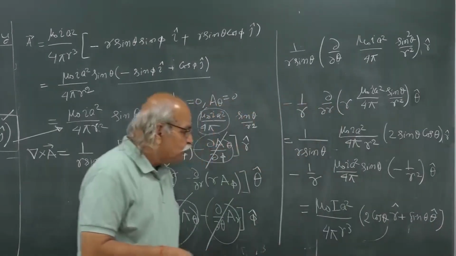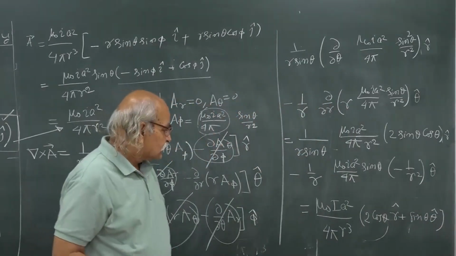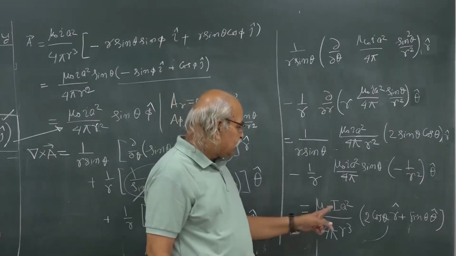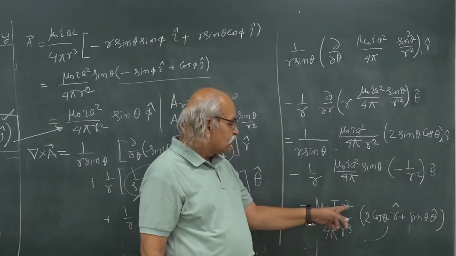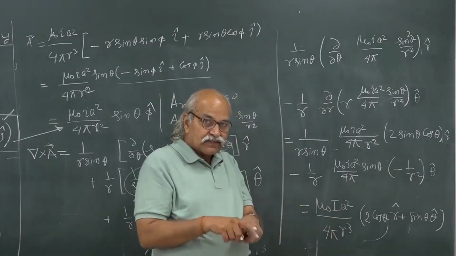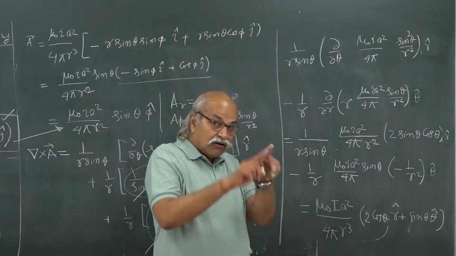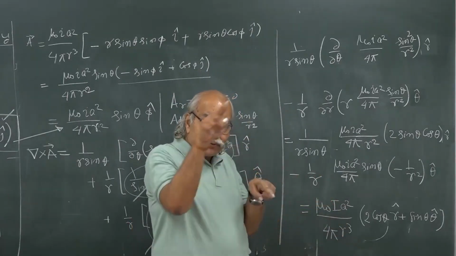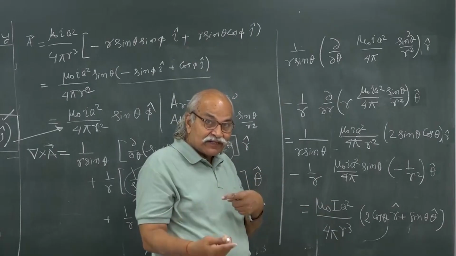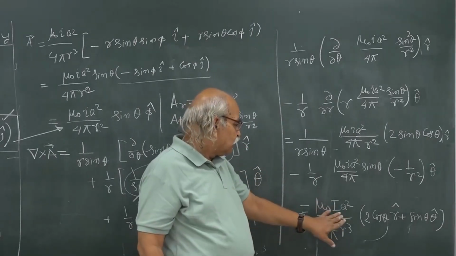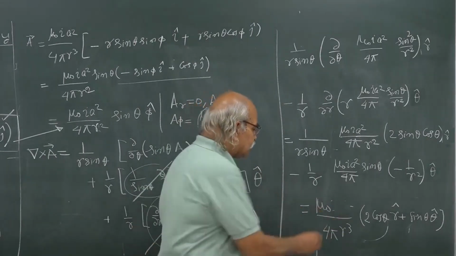And this is a very useful equation. This I into a squared, remember it was a square, so a squared is the area of that loop, and current into that area is the magnetic dipole moment. So this is the dipole moment. You can write this as m.